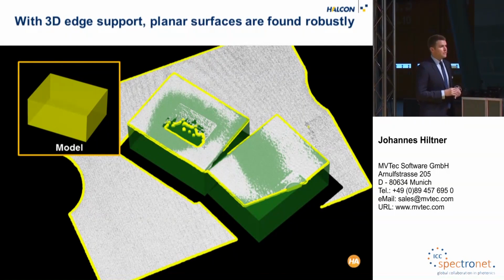Now, with HALCON 13, we are able to extract this edge information from point clouds. We use this edge information to do a more refined search within the point clouds and are able to more robustly detect especially flat objects.